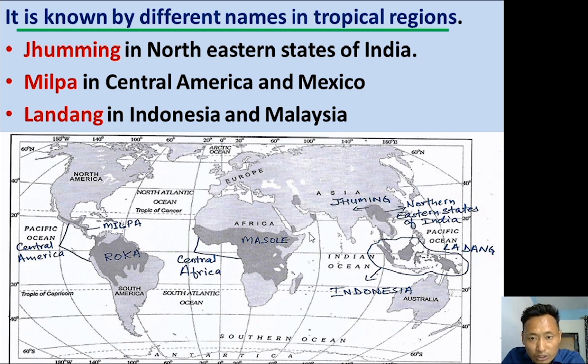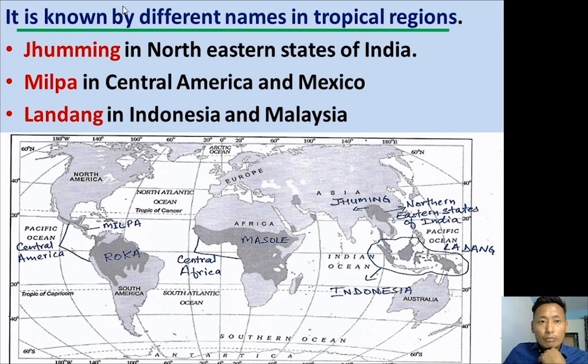In between these two latitudinal lines, these regions are called tropical countries or tropical regions. So mostly at present, those people who are engaged in shifting agriculture are located in tropical rainforest regions.